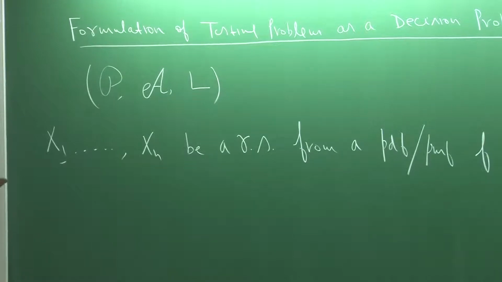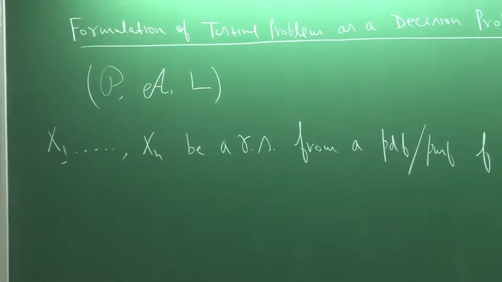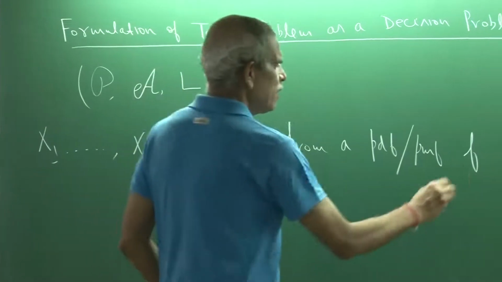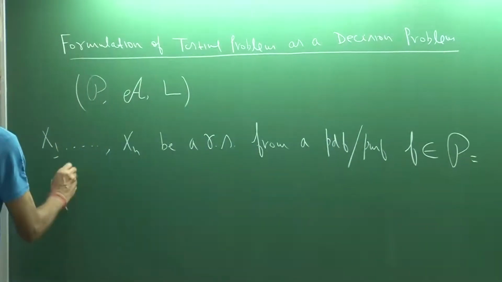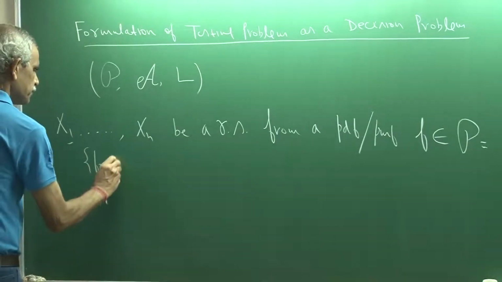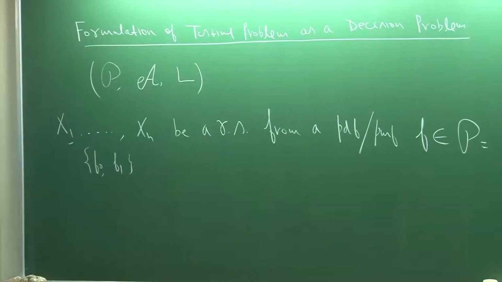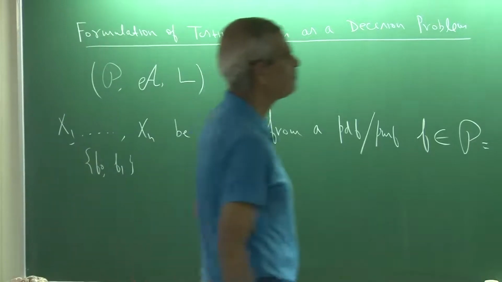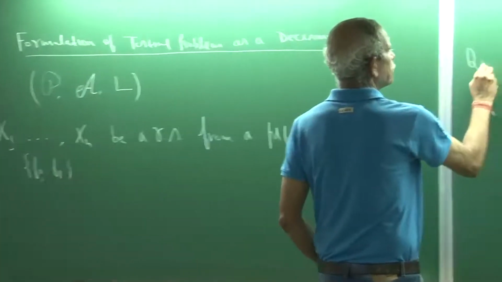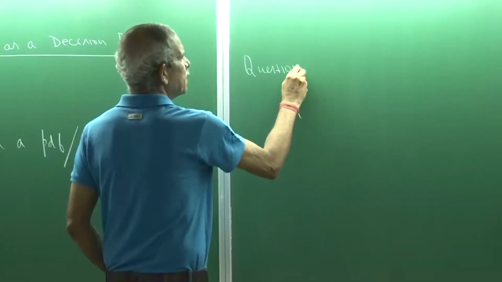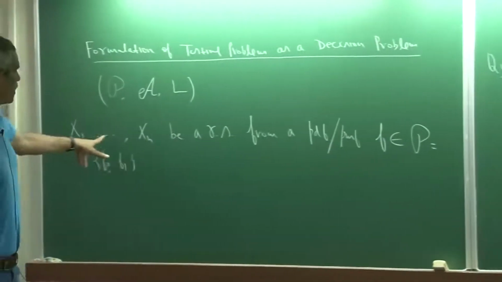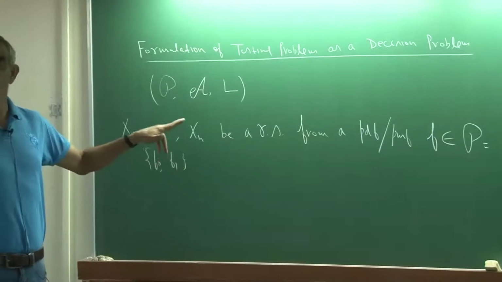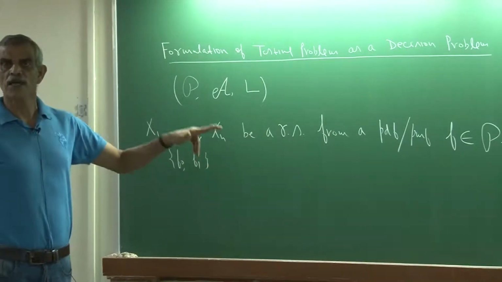That means I will be interested in testing simple versus simple hypothesis. So f belongs to P, which is {f0, f1}. The question is to decide whether this sample x1, x2, ..., xn is coming from f0 or f1.